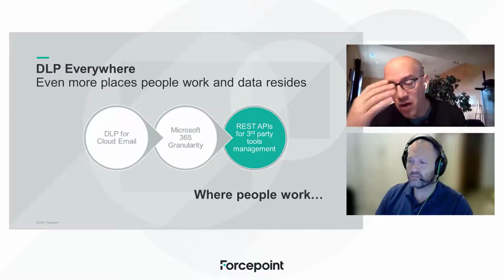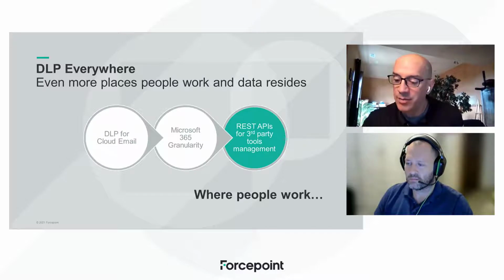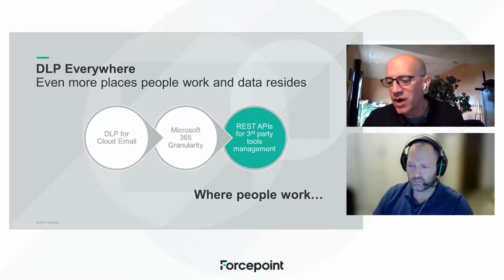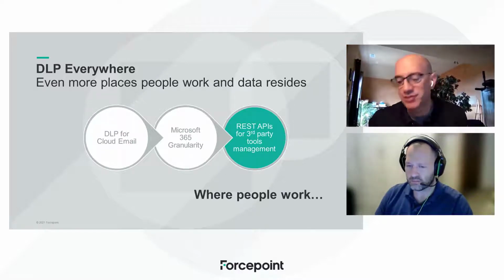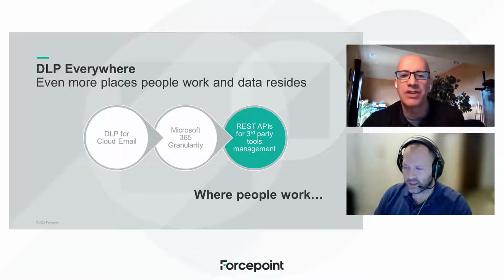And so we're able to help reduce data loss by being where people are, as well as at your data wherever it might reside. Particularly these days with all the hybrid work, there's a lot of data being placed in a lot of different places, particularly with the cloud as well. So we want to make sure that we're able to cover that. Today with REST APIs, we're particularly focused on where people work.